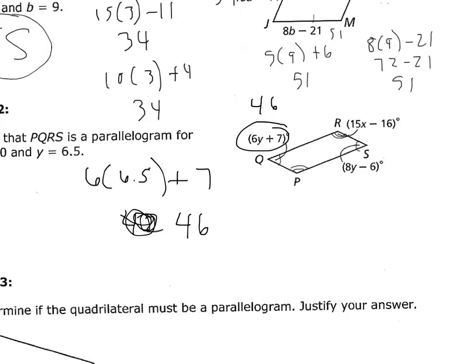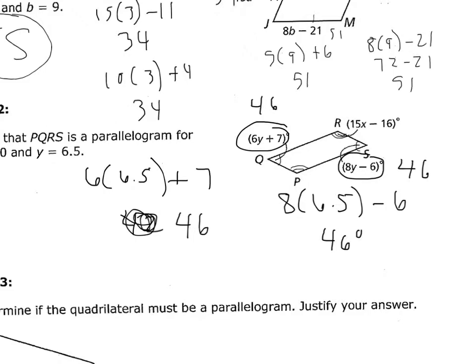Let's try the one opposite from that. If we do 8 times 6.5 minus 6, that's also 46. So far we both have 46 for our angles.